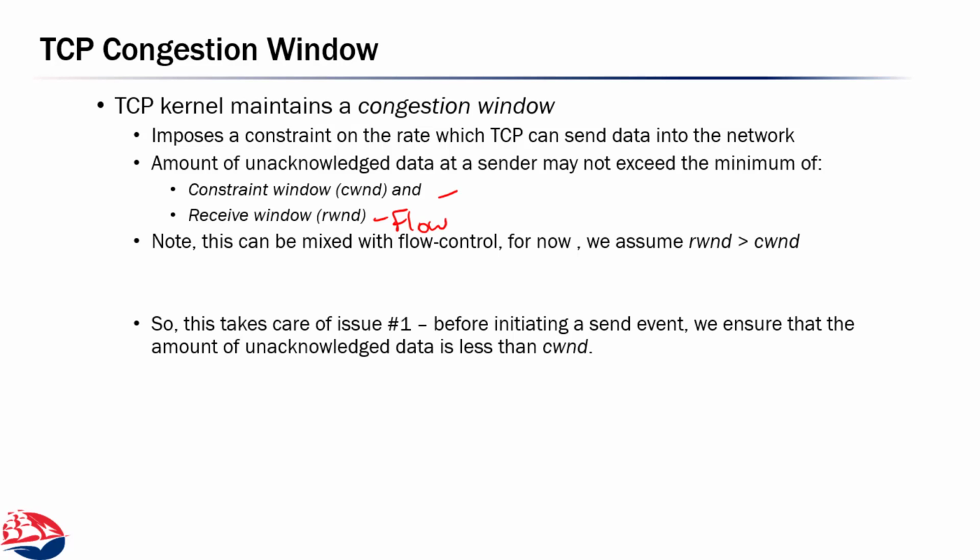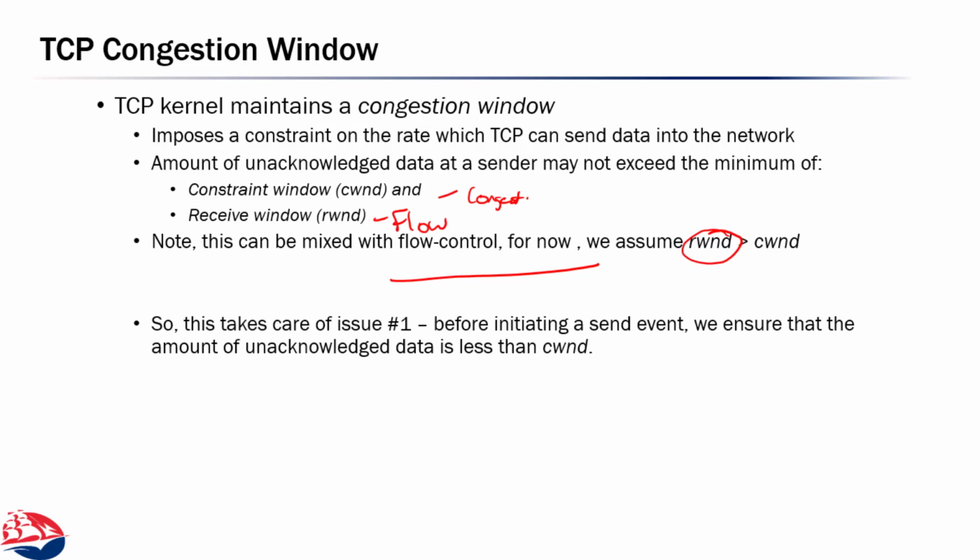And it's the minimum of the two that makes flow control and congestion control feel a little bit entwined. So for now, if we just assume that the receive window is way bigger than the congestion window, we can just ignore the interaction between the two windows and just focus in on the congestion window.